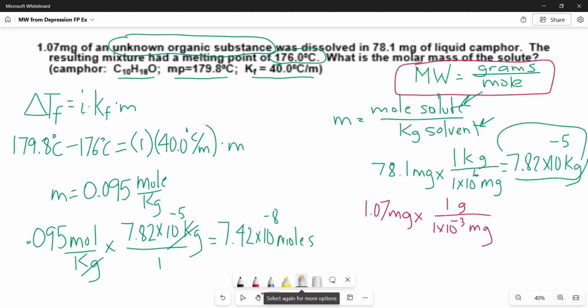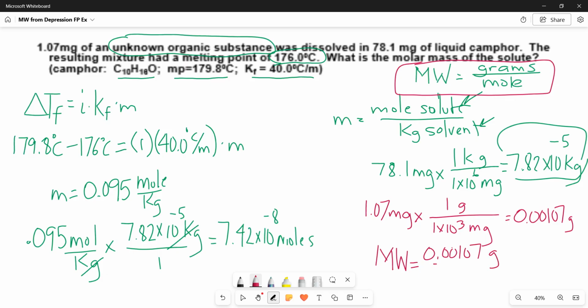Actually, it'll be a positive 3. It takes 1 times 10 to the positive 3 milligrams to equal 1 gram. So my answer is going to come out to be 0.00107 grams.